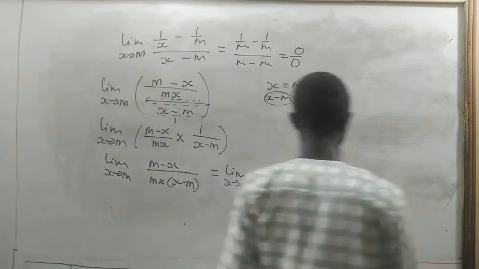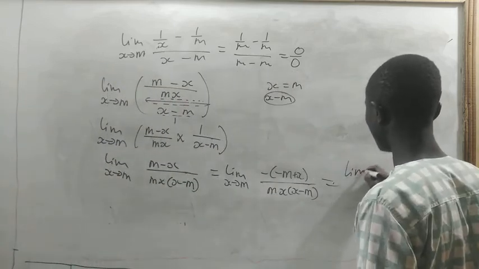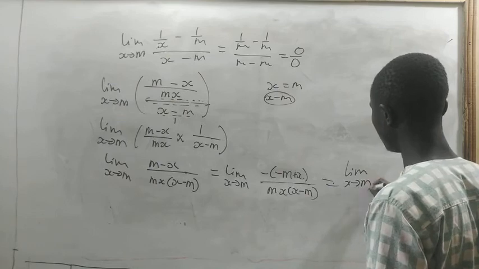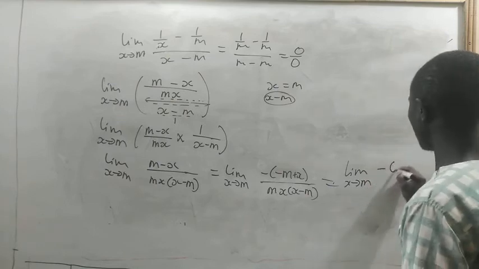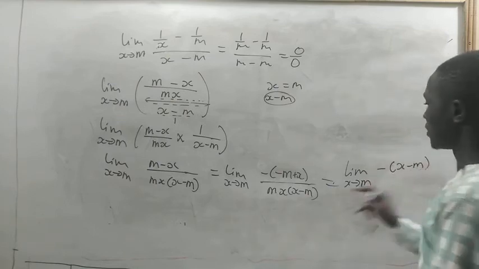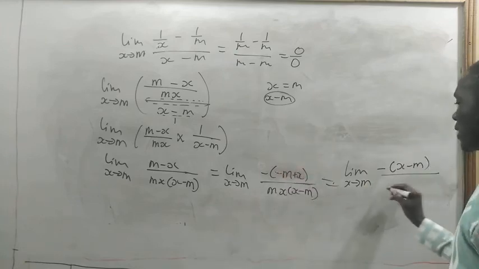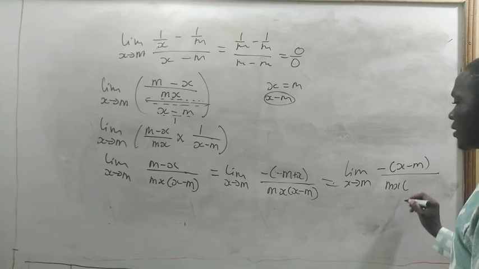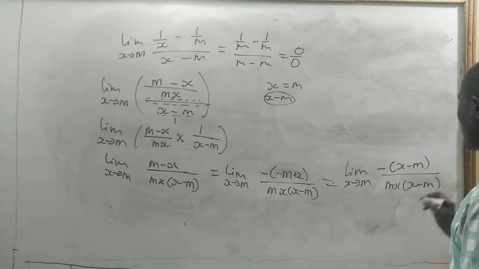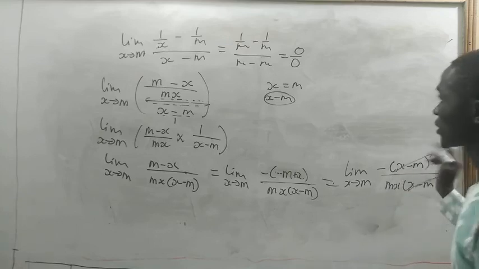So this will be equal to the limit as x approaches m of negative into bracket (x minus m), divided by mx times (x minus m), and here this and that will cancel out.